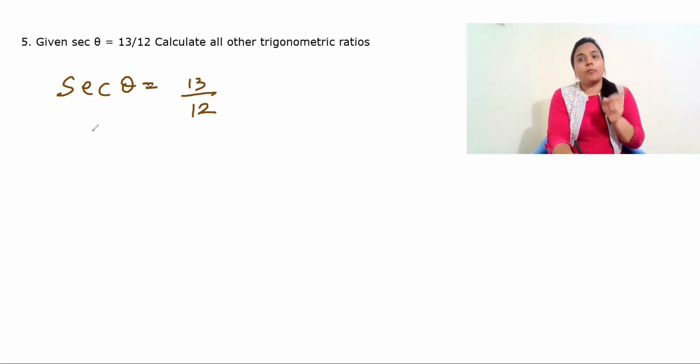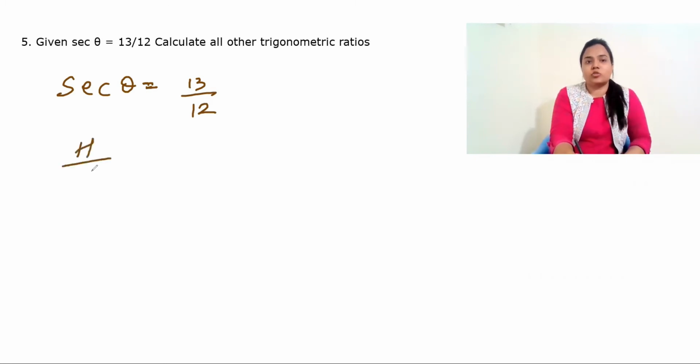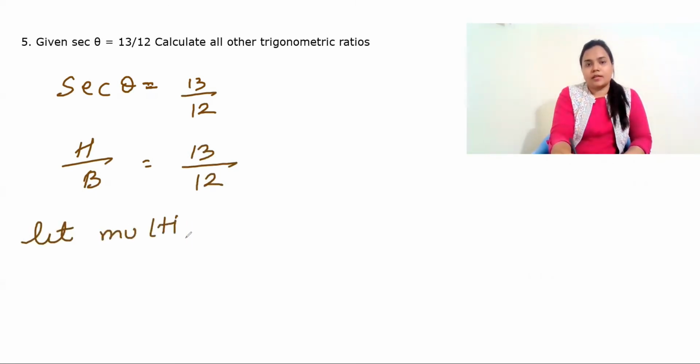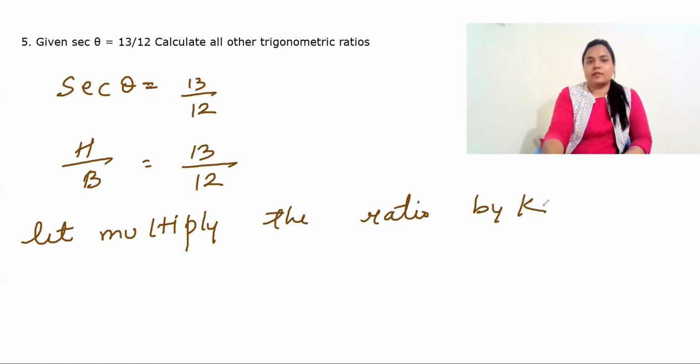Sec means what? Opposite of cos. That is H by B. H by B is given as 13 by 12. Let us multiply the ratio by k. So H will be equal to 13k, B will be equal to 12k.